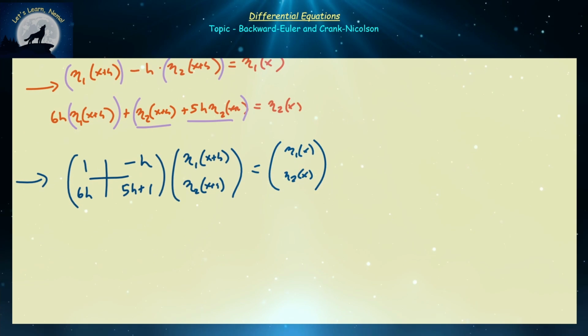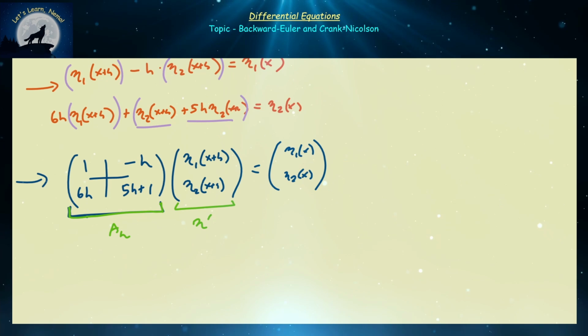Right? So we have this object, which is going to be our coefficient matrix. It's called A, which technically depends on h only. Then we have A times eta prime equals eta. So all we need to do is solve this equation for eta prime, and then we're done.